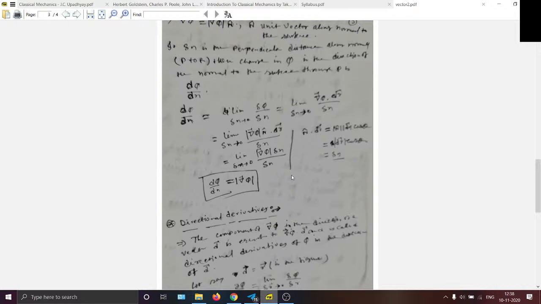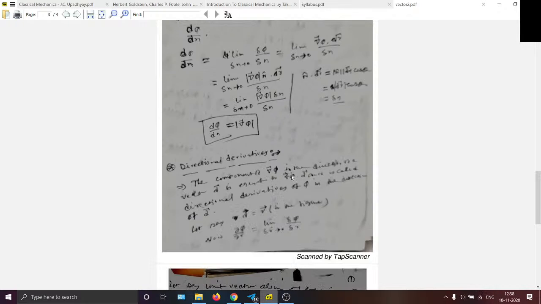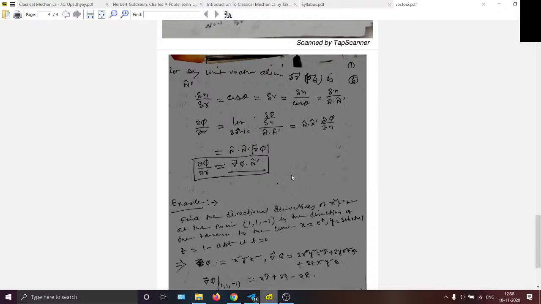From the last page, page 5, you can see that delta n divided by delta r is equal to cos theta.